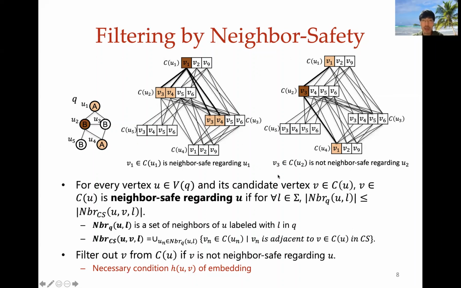So in this case, we simply filter out V3 from U2's candidate set, and we say V3 is not neighbor safe regarding U2. So this is a necessary condition of an embedding.